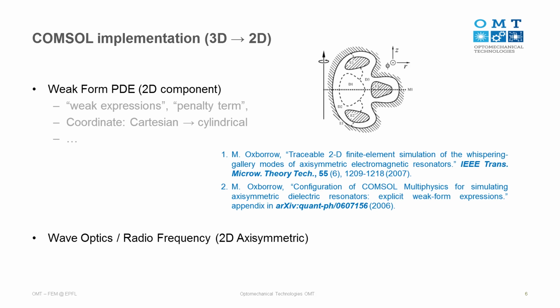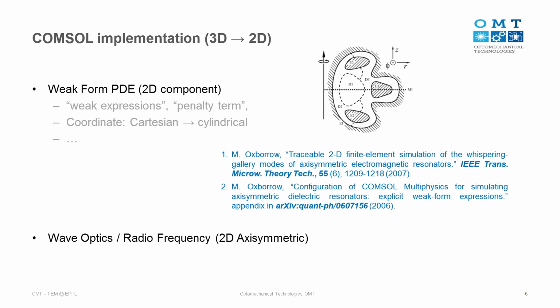But before 2014, mostly you must configure by yourself the weak form PDE module, which was mentioned, as I remember, earlier on Monday by Amir. So this is pretty complicated. If you want to use that model, you need to know several keywords. First of all, what are weak expressions? Anyone knows? Yeah. And then penalty term.